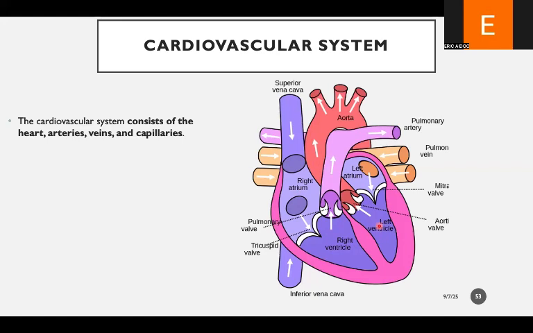Now, each of these chambers, just like a house, if you want to enter the chamber from the hall, you need to open a door. So the doors that are actually barricading or going to allow entry of blood on the right side is the tricuspid valve.